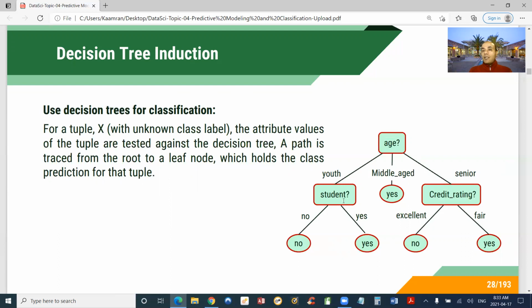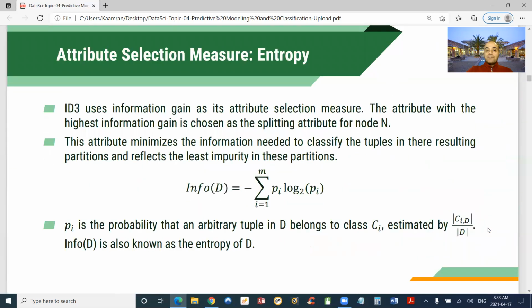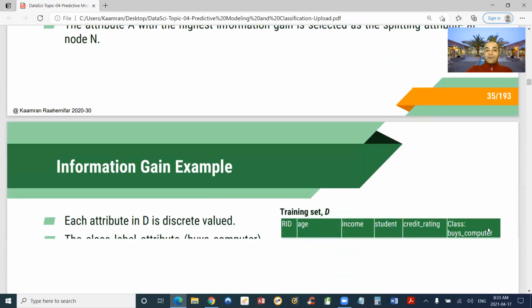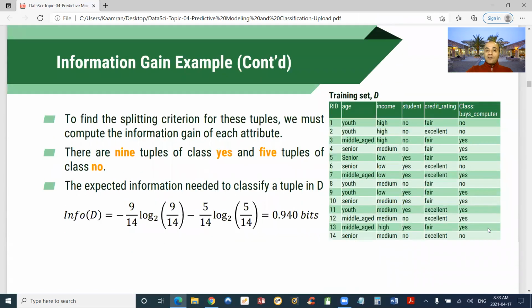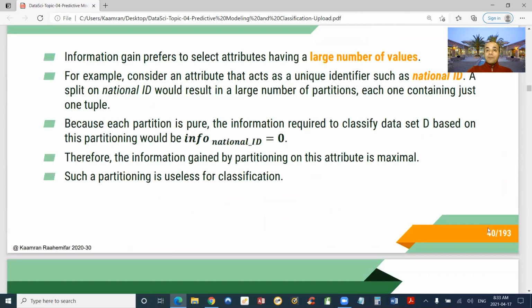In this case, student is going to be basically yes and no, because that's what the table says. Credit rating is going to be excellent and fair. And then you're going to see whether there is any other sub node that you need to consider, and you consider that until you get the decision tree completed, okay? So that's the idea, and I hope with this second example, the picture of information gain is very clear.